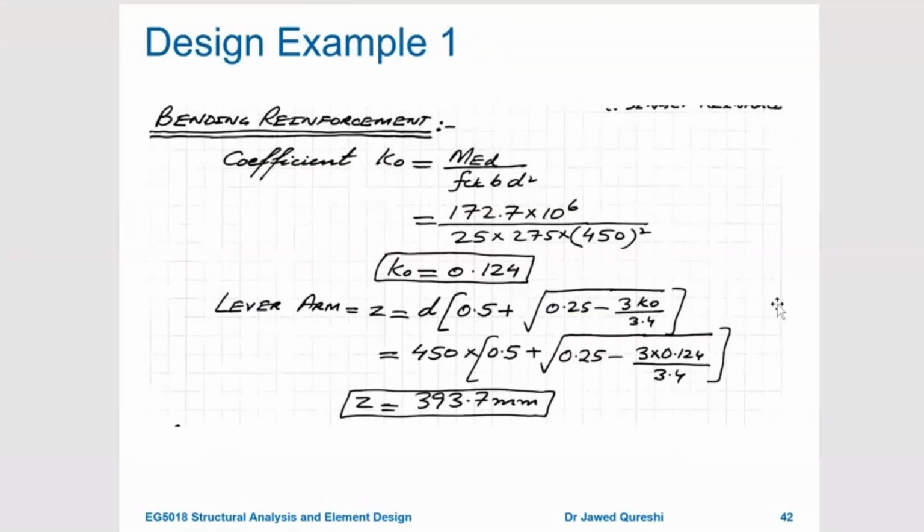I will have to find out this coefficient K, which is MED over FCK BD squared. MED is the applied moment, FCK is the compressive strength, 275 is the width, and 450 is the distance from the center of steel reinforcement to the top fiber.